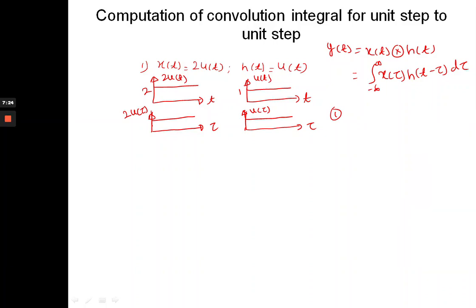Here we will fold this signal, giving u of minus tau, with magnitude 1, and the other signal remains as it is, 2 u of tau.